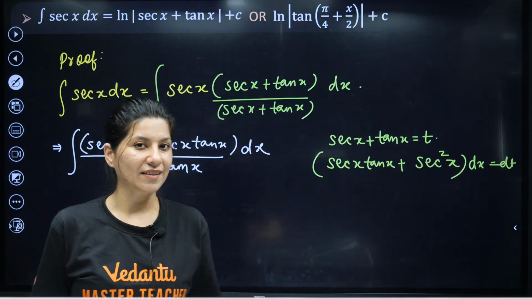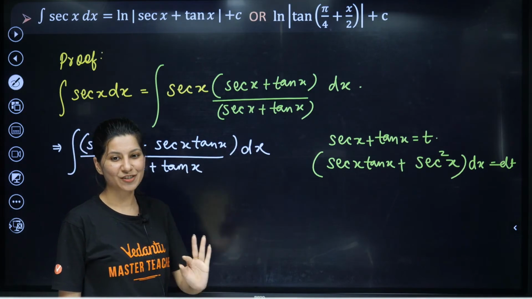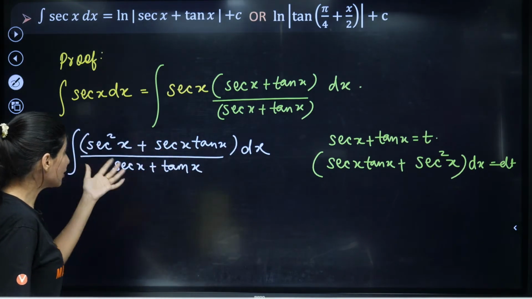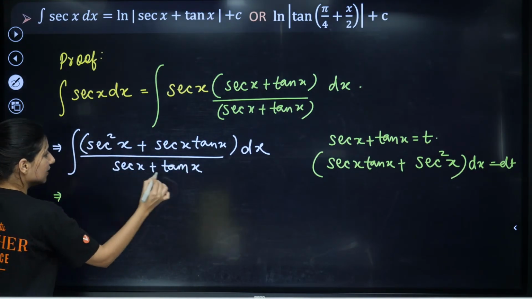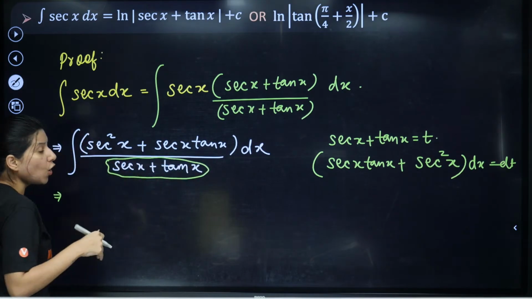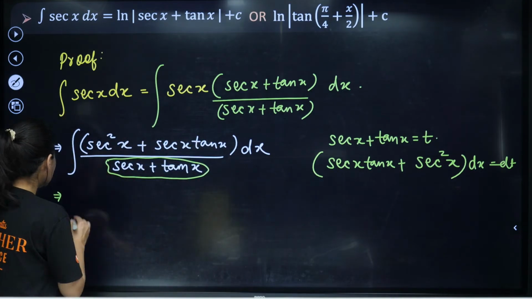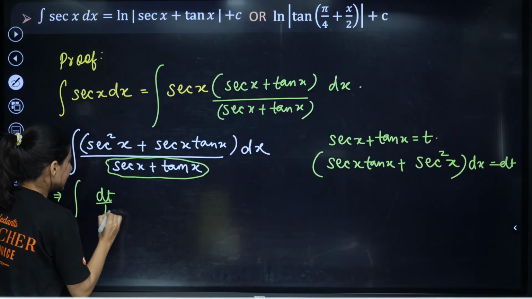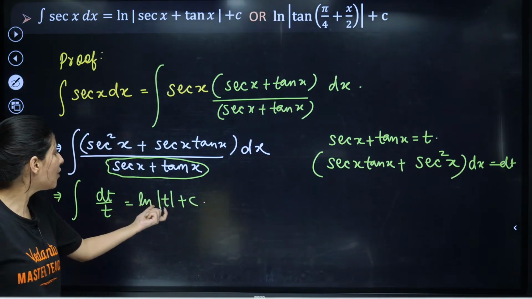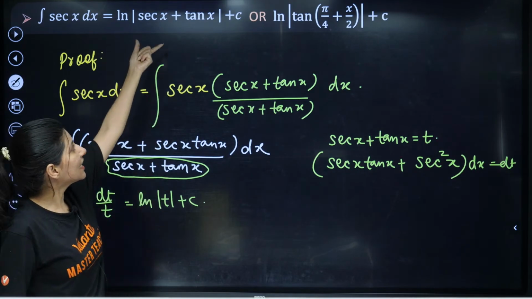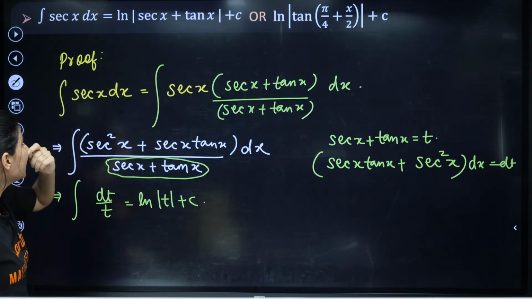Did it click? The moment you put the denominator equal to t and differentiate both sides, the numerator becomes dt. So it becomes dt by t, which is log of mod of t plus constant. Now you just put the value of t, which is sec x plus tan x.